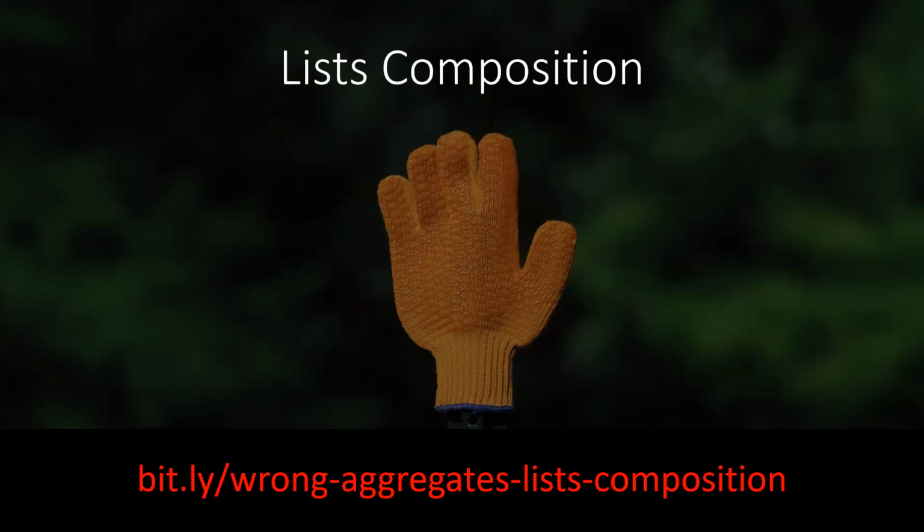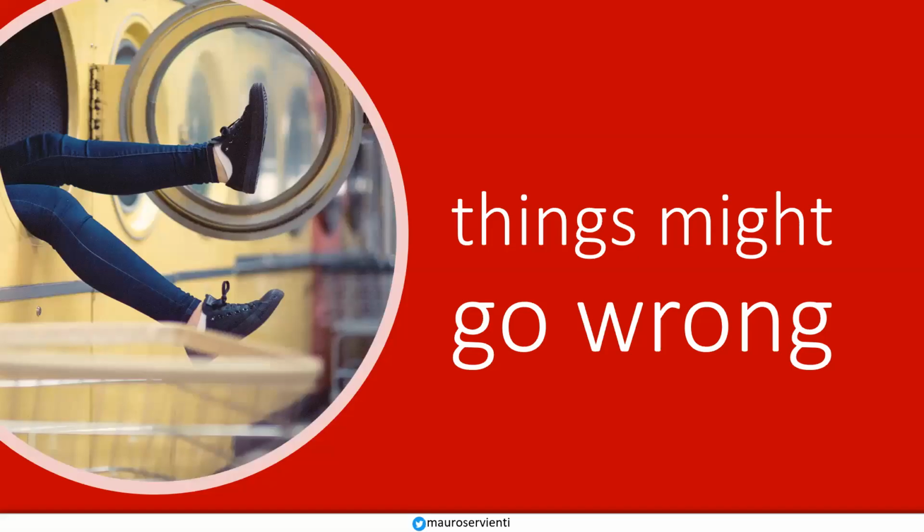We understood that we can even decompose data in order to send those data back to the services where they are owned. And if you think about it, we haven't touched at all the problematic part, because things might go wrong, even might go very badly.